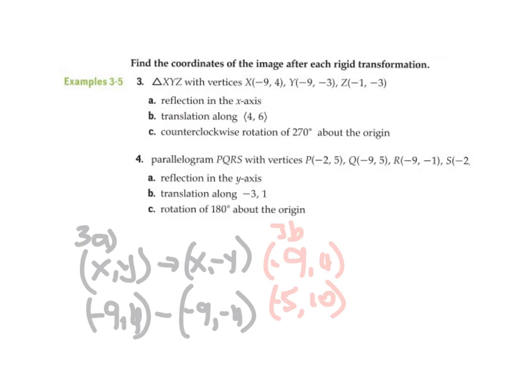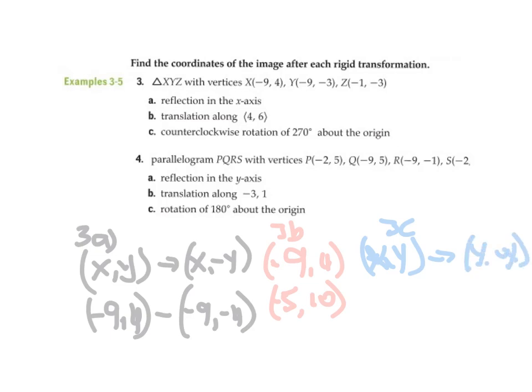And then what have we got? A rotation. Don't forget rotations. Sorry, rotation 270. What happens this time? So 3C is going to go x and y, x, y, that's going to go to, they swap round, remember, y, negative x.